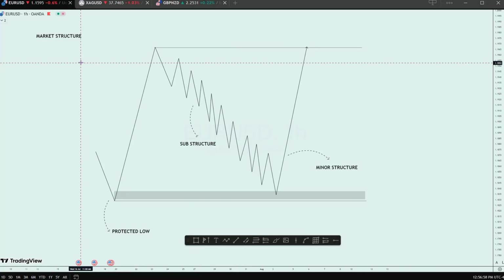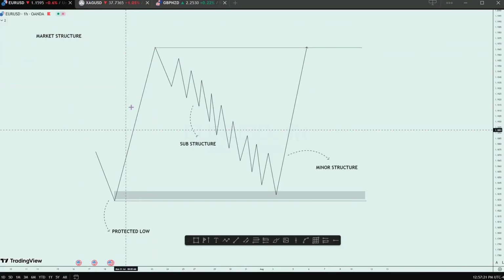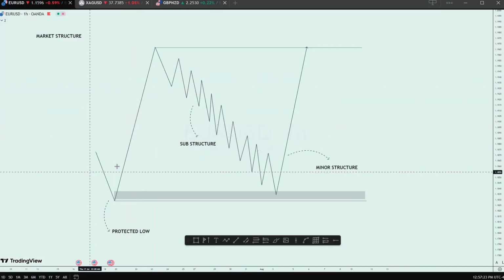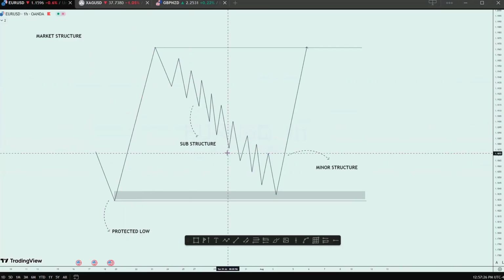In the next video, I'm going to talk about how to validate our structural liquidity and a few other things. So in this video, we're done. I talked about market structure and where we want to be focusing. Like I said, this particular swing is our swing structure. Let me mark it out.